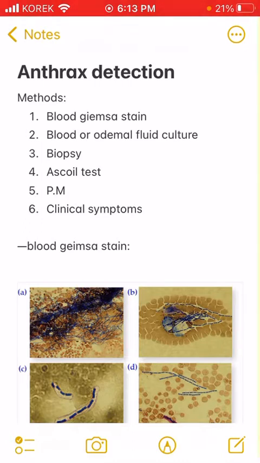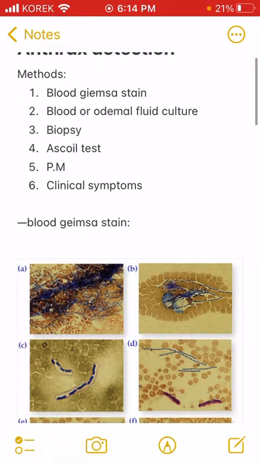The Ascoli test is an antibody test. Then post-mortem examination. As I said, in some countries, post-mortem is illegal. And we have clinical symptoms. We spoke about the symptoms. I will not explain them in this video because, as I said, they include respiratory distress, loss of appetite, lesions on the neck and the abdomen, bleeding from the body openings, and death at the end.